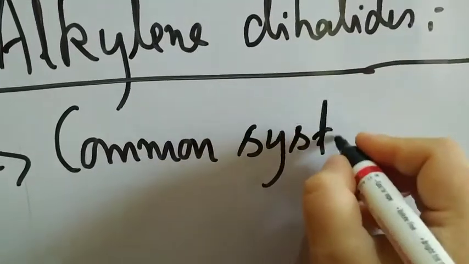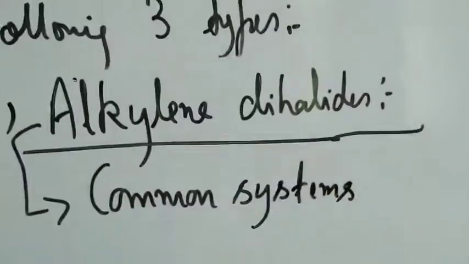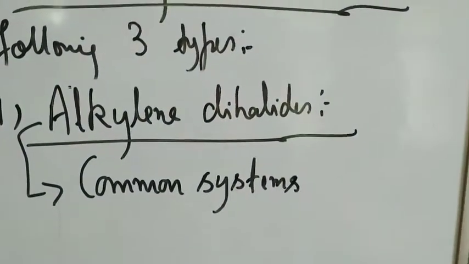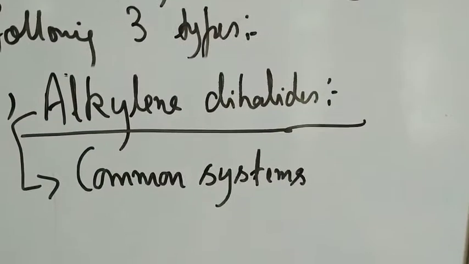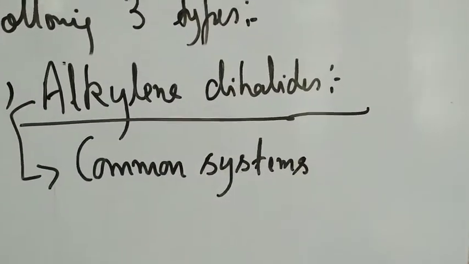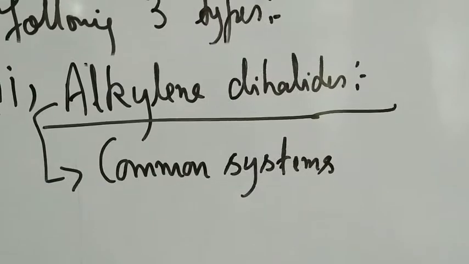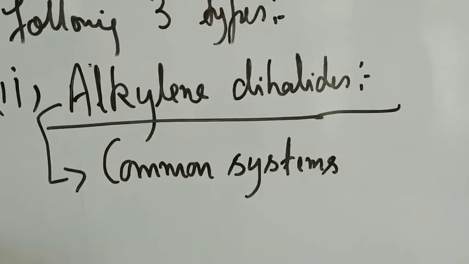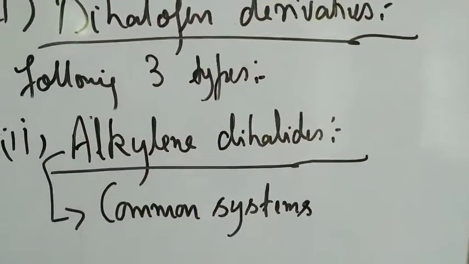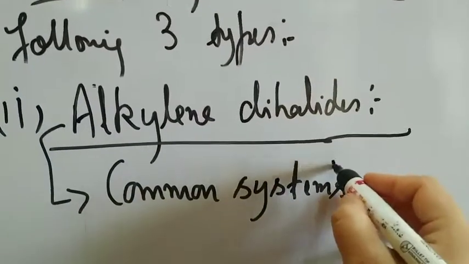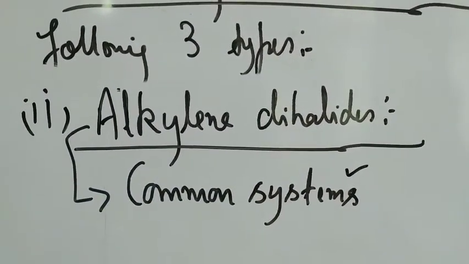Their IUPAC names are very easy to remember. Dihaloalkane, mostly alkane only. You just have to give the locant, where it is. But in this category, dihalogen derivatives, it is very, very important to remember the common names.